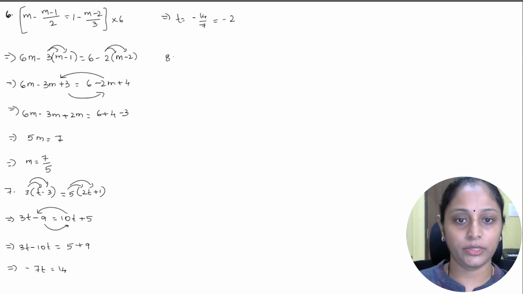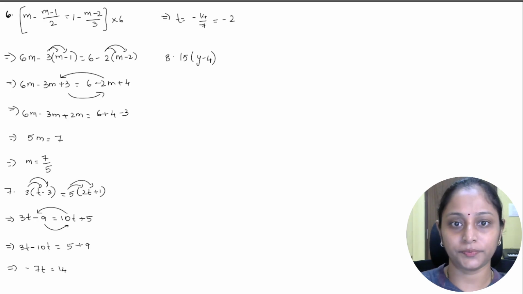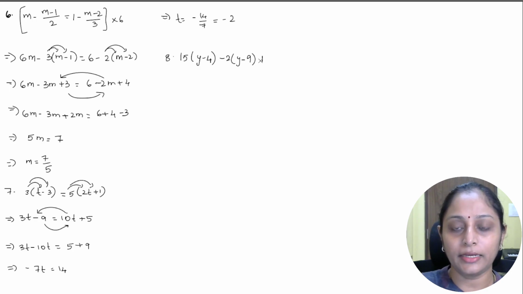Next, the 8th question. 15 times y minus 4 minus 2 times y minus 9 plus 5 times y plus 6 is equal to 0, right?